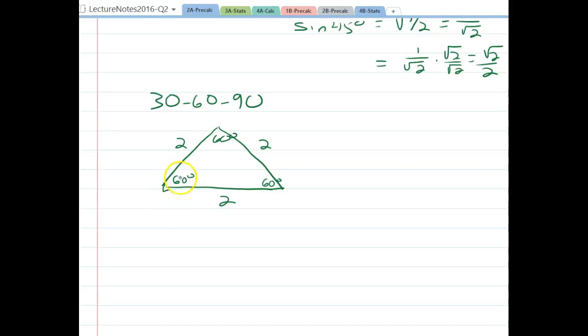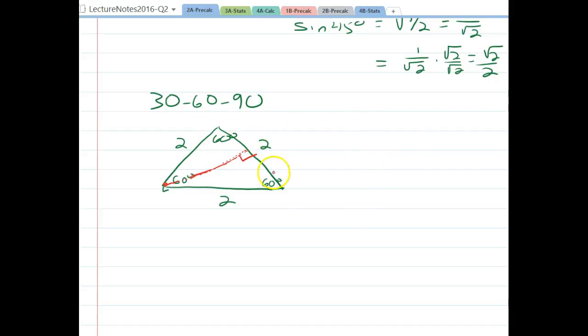What I'm going to do now is draw a line that is going to split this side right here. So I'm going to start from this corner and come up here, and I'm going to make that a right angle.